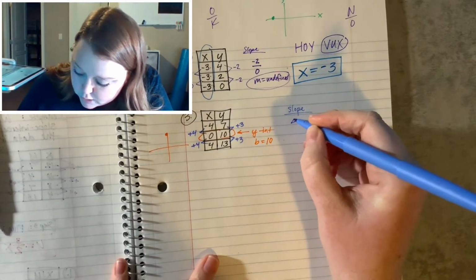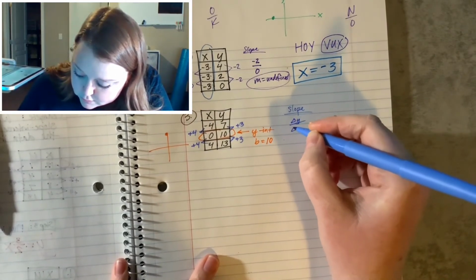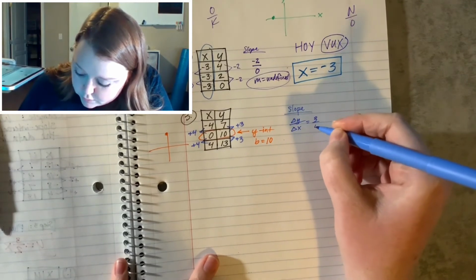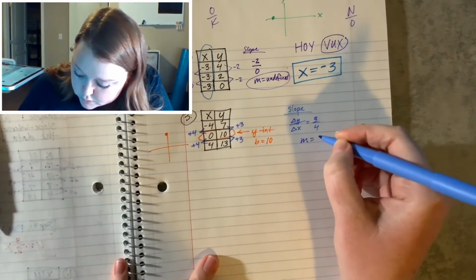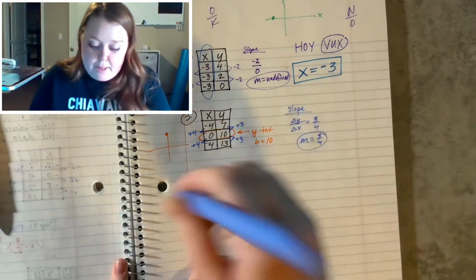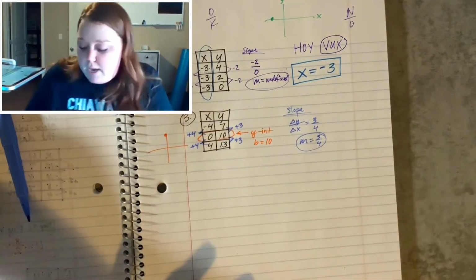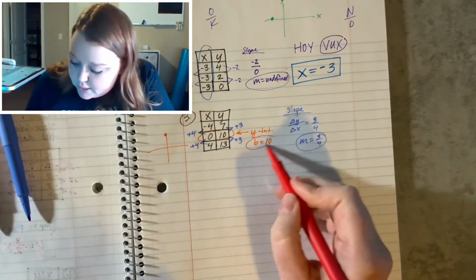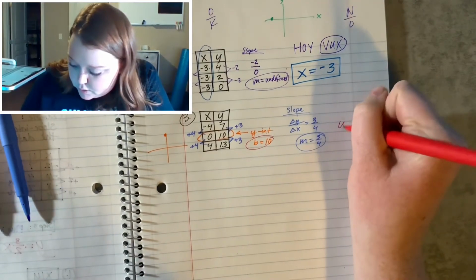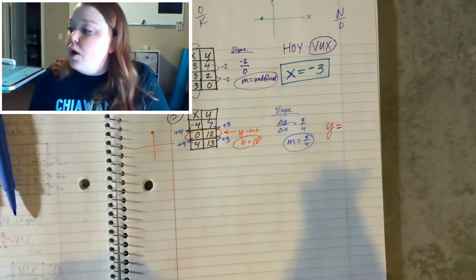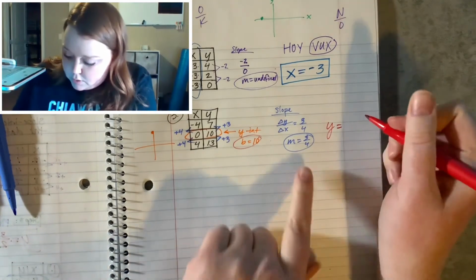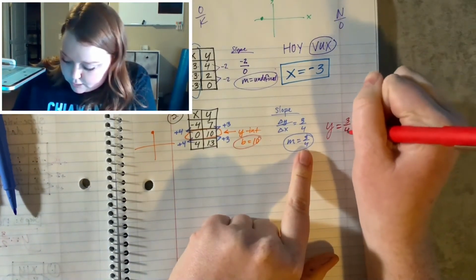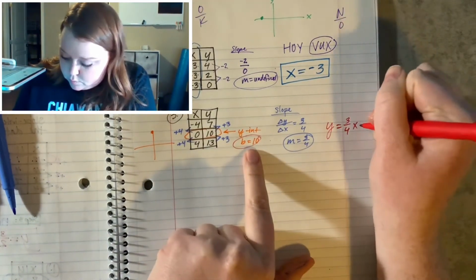So my change in y over change in x was constantly 3/4, 3 over 4. So my slope is 3/4, okay? So if my b value is 10, my slope is 3/4, then the equation of the line is y equals 3/4 x plus 10.